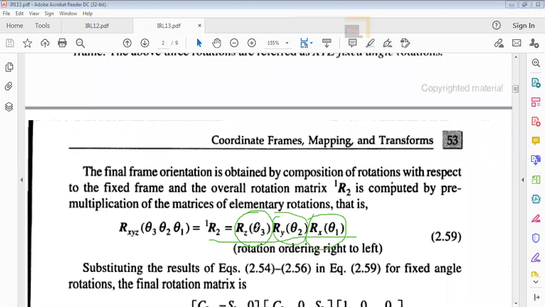Say about z by theta 3, about y by theta 2, about x by theta 1. This is also denoted as R xyz of theta 3, theta 2, theta 1. So first action about x, then y, then z, so the multiplication goes from right to left.